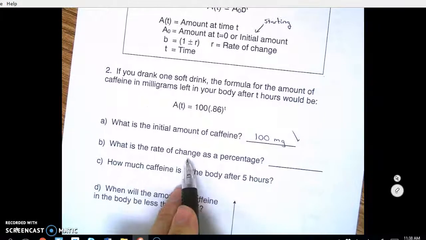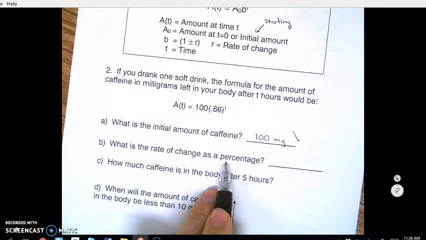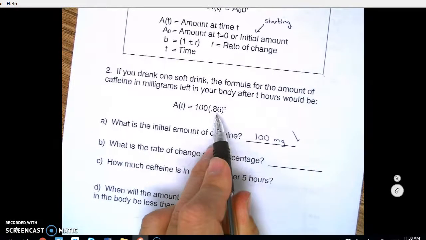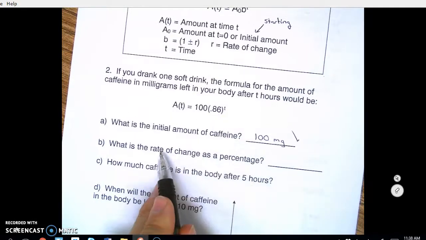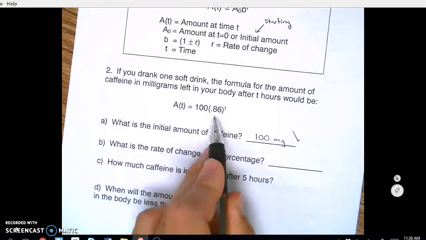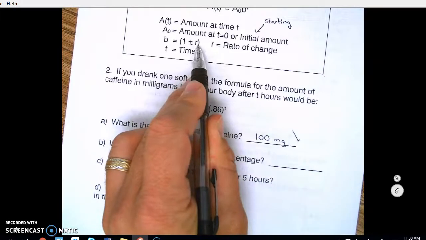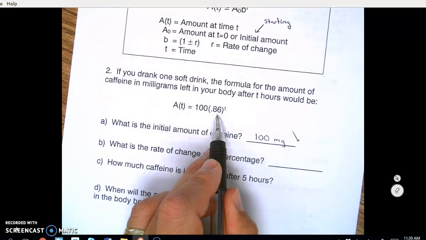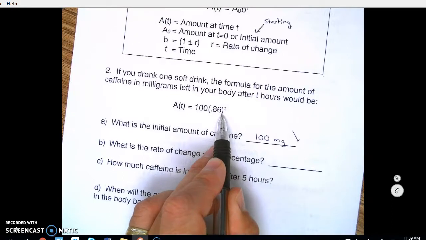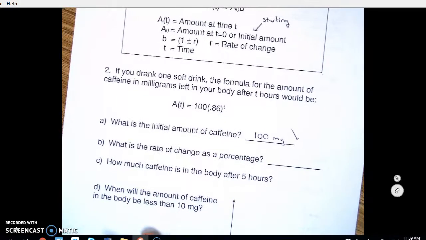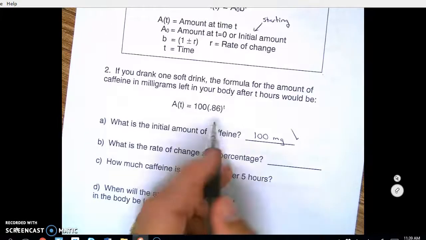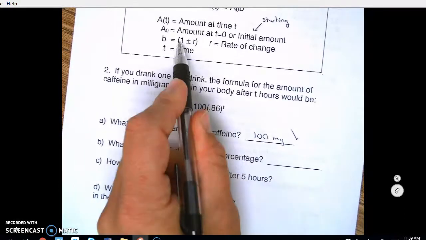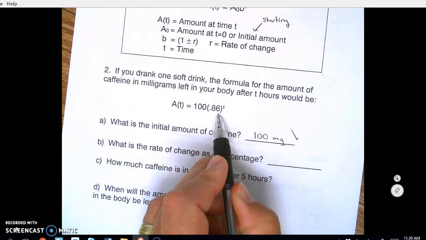What is the rate of change as a percentage? Don't put 86%. Do not. Remember, we want the rate. So we need to calculate what R is. Now, did we add to 1 or did we subtract from 1 to get 0.86? If you said subtract, Demetrius, you're correct. You would subtract. How much would you subtract from 1 to get 0.86?